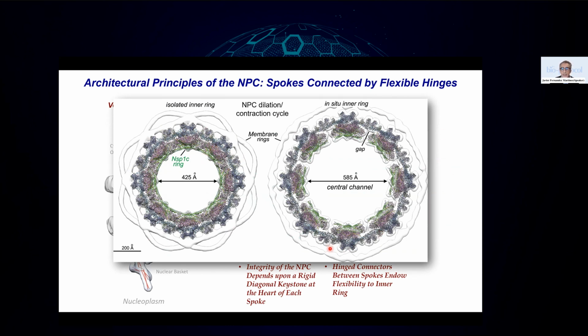But when the NPC is in an active state in situ, also keeping the tension of the nuclear envelope, these spokes separate from each other. They don't seem to change massively in their conformation. It's just that these hinge connections are now lost, most of them. You just have a couple of them to keep them connected, and generate these gaps in the structure.